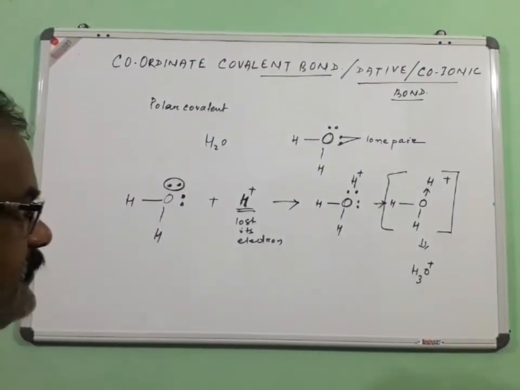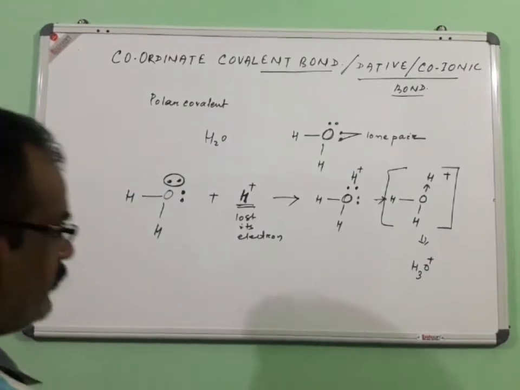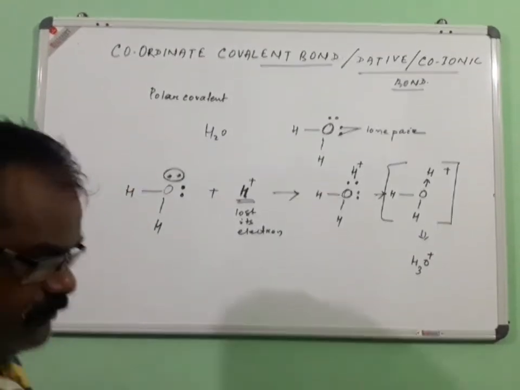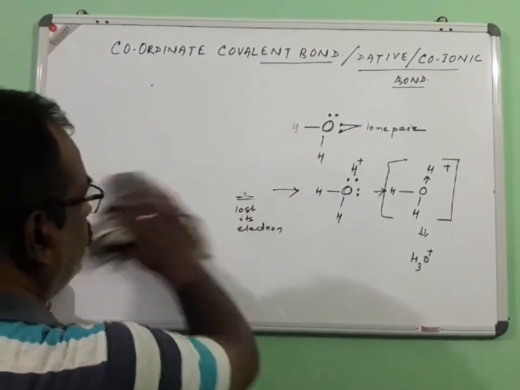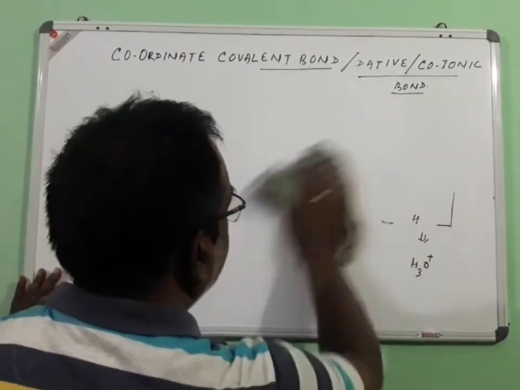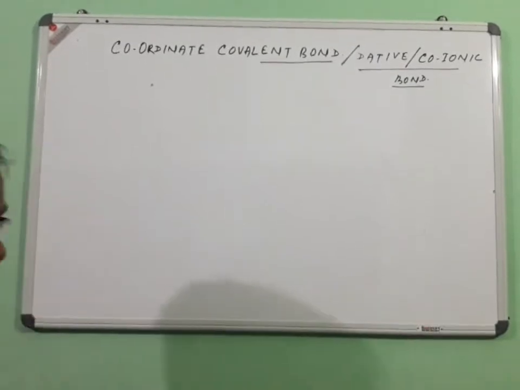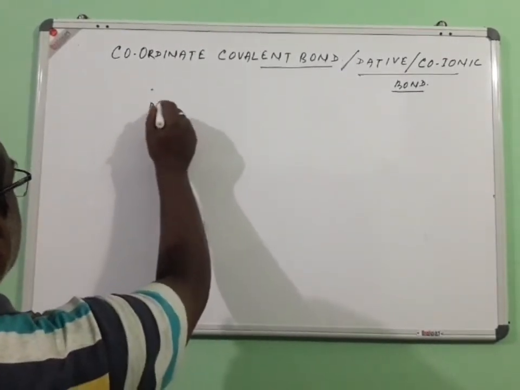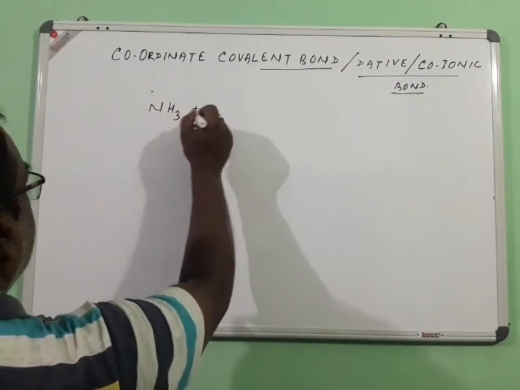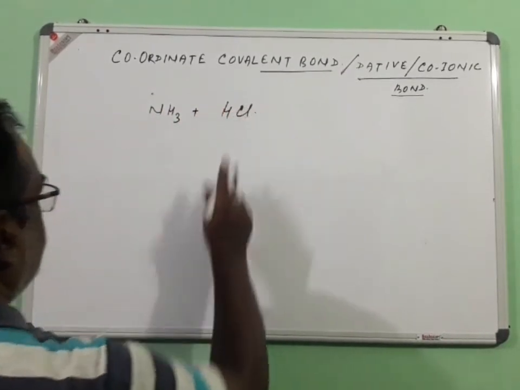A similar thing happens in the formation of ammonium chloride. Let us consider ammonia, which is a polar covalent compound, when it reacts with hydrogen chloride, which is another polar covalent compound.